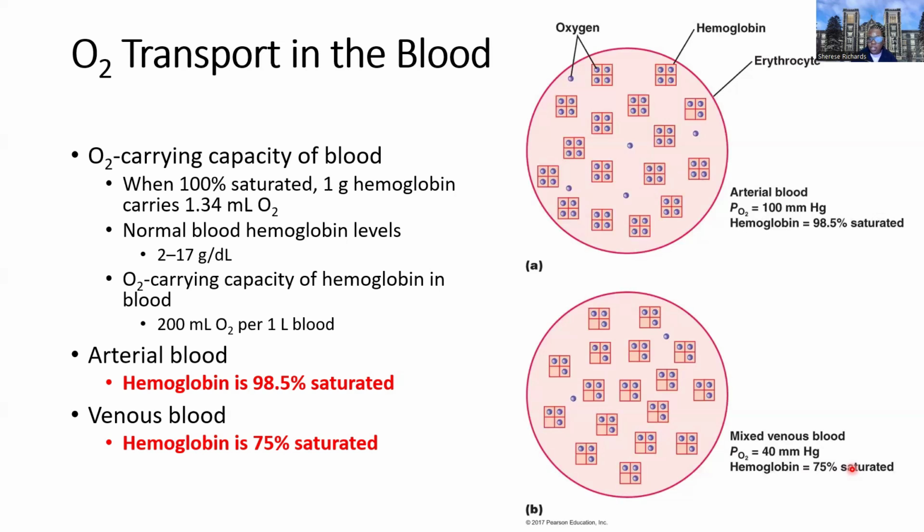Why? Because that gradient is so essential to the offloading and onloading states that all it takes is the offloading of 1 oxygen per hemoglobin for our tissue levels and our hemoglobin levels to be at equilibrium, and we no longer have diffusion of those gases. So the removal of 1 oxygen is all that we need for our partial pressures to be equal and to no longer have a gradient to facilitate any further removal or diffusion.